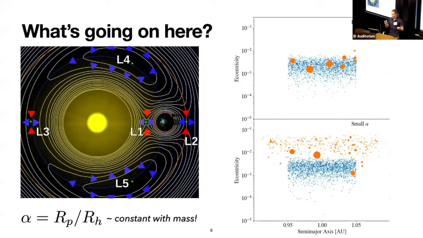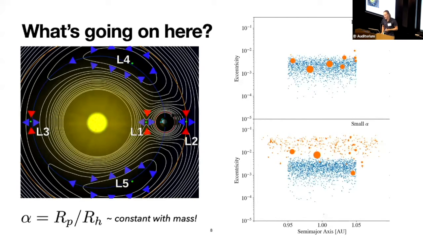Once you get close enough, these two size scales become comparable. And when this happens, when you try to grow bodies through this oligarchic growth process, it's really hard to scatter objects off of each other, because their Hill radius is smaller than the actual size of the body.